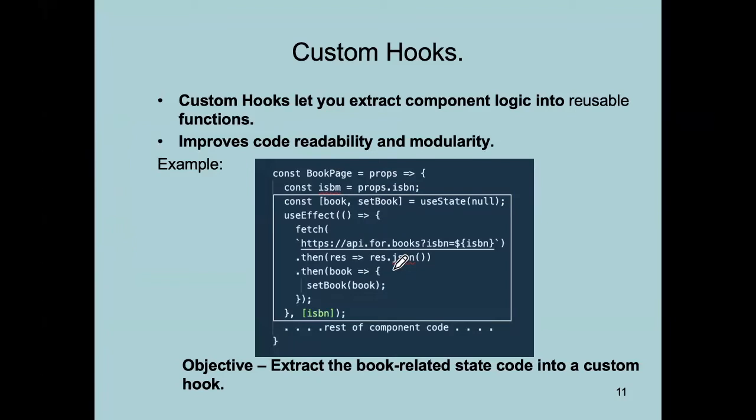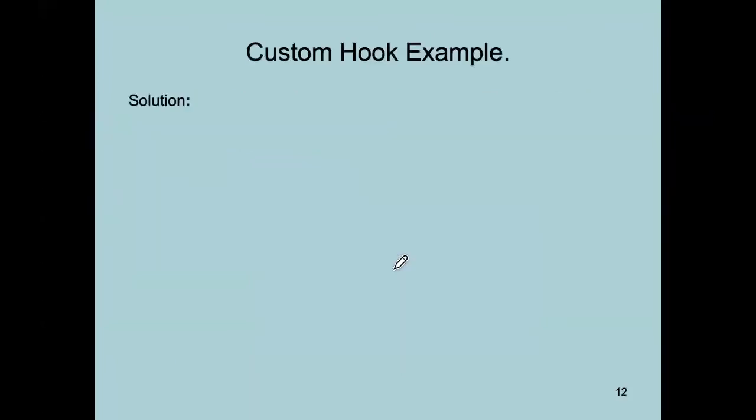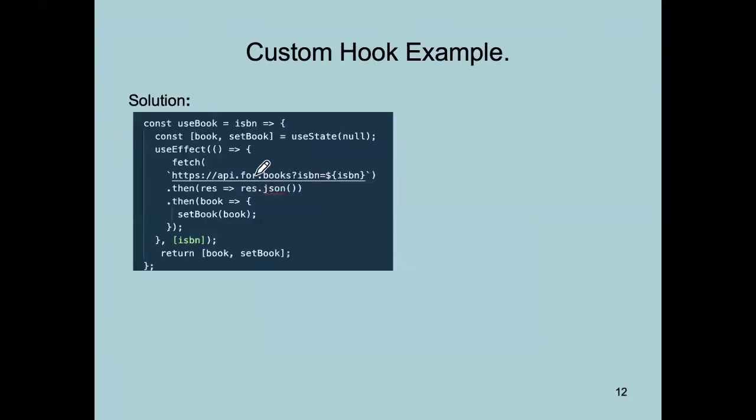So it's an important parameter to my custom hook as well, because I'm still using the useEffect hook here, and the ISBN number is being used here, look. So you choose the parameters to your hook sensibly, obviously, and this would be a sensible and necessary parameter for this custom hook of mine.